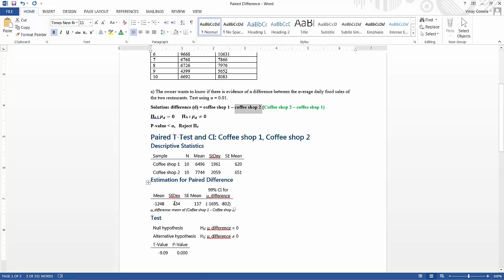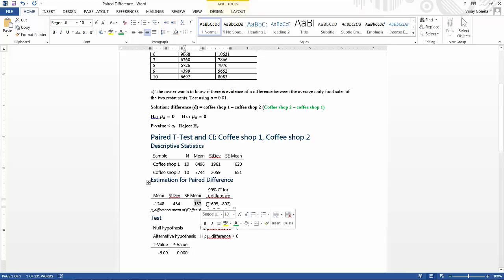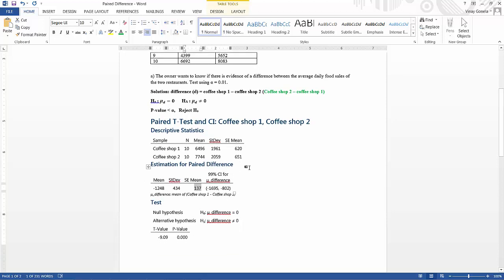And then the standard deviation of the difference, coffee shop 1 minus coffee shop 2, is 434 and the standard error is 137. So the difference, lower bound is negative 1695 and upper bound is negative 808.